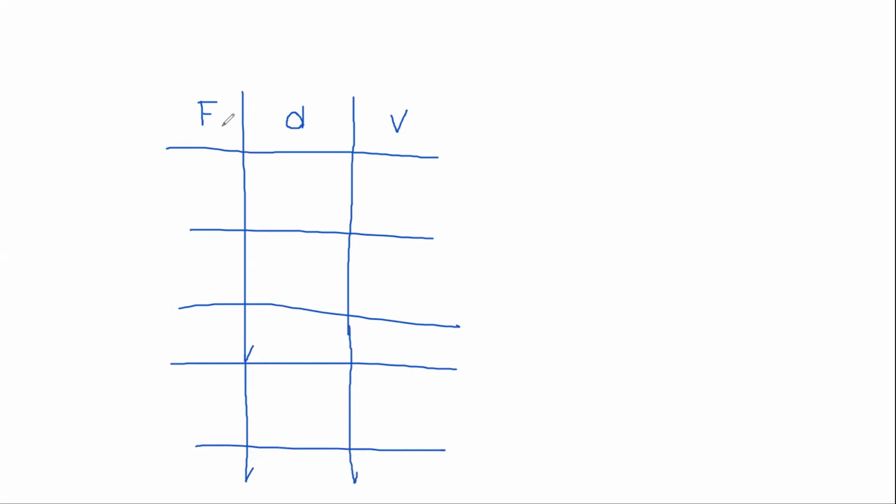The force you're going to start with is 115 for all of them. That is the starting force. So you can just go ahead and write in 115 for that first chart. There will be 5 data rows. The distance will be 10, 20, 30, 40, 50.